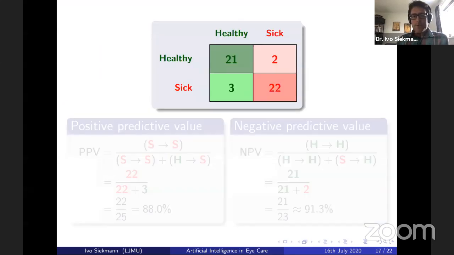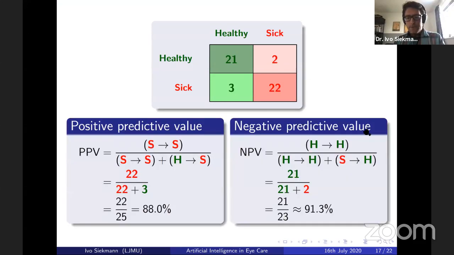Now, this can also be calculated when we look at this confusion matrix. So we have here healthy and sick patients. So when we look at patients predicted as healthy, then 21 patients were predicted as healthy, 2 as sick. So when we look at this, we now have to divide 22 over 23.